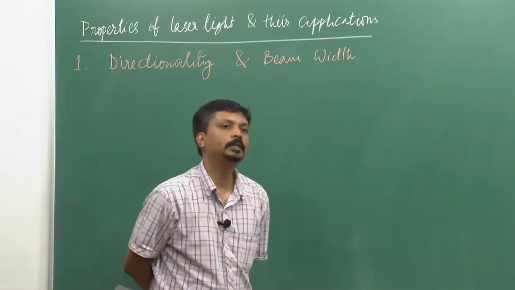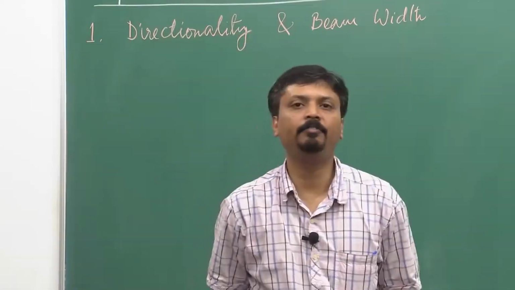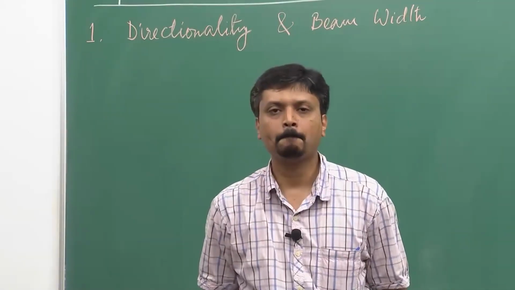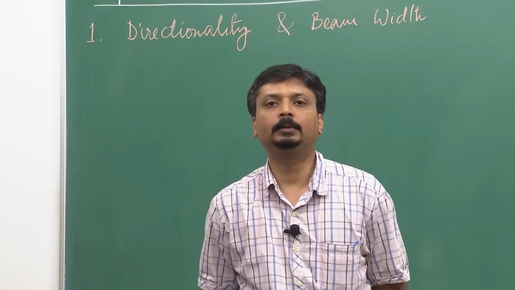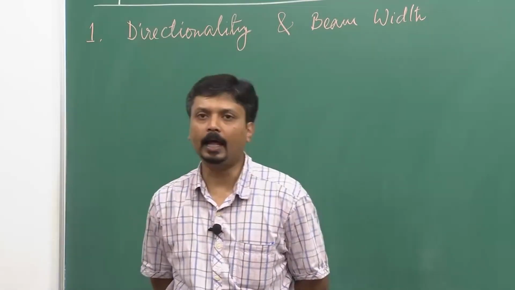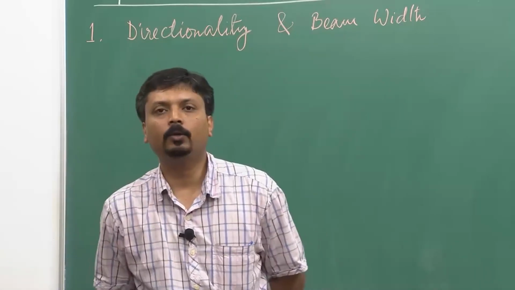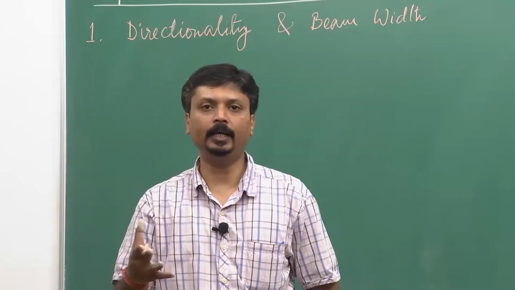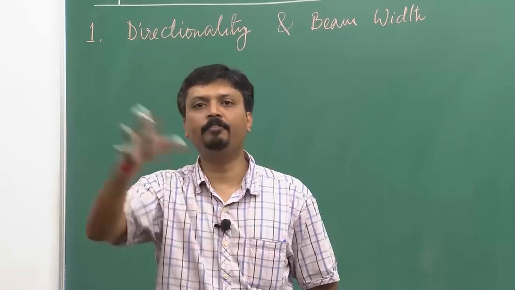In the very first class we said that laser light has a very high directionality, so it does not spread. If you take any normal conventional light, it is isotropic in nature, so it goes in every direction.